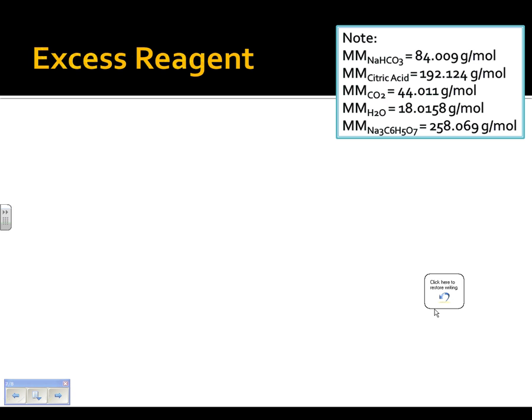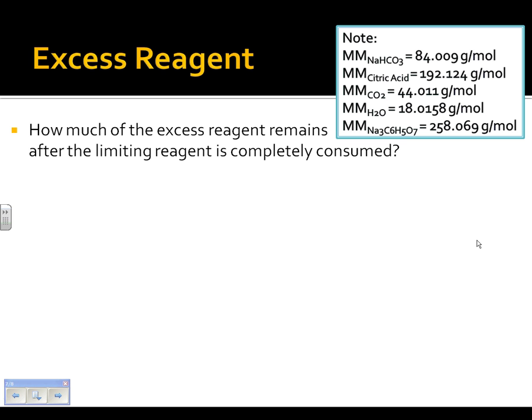Next, we want to find out how much of the excess reagent, citric acid, will remain after the sodium bicarbonate has reacted completely. You take 0.524 grams of CO2 all over 1.